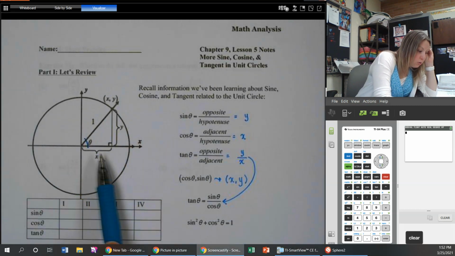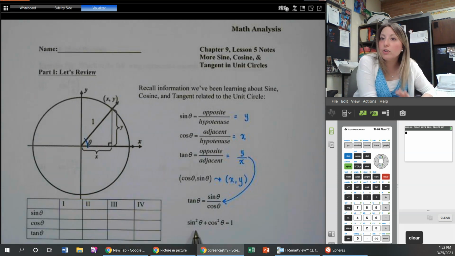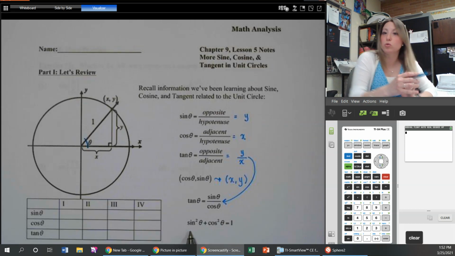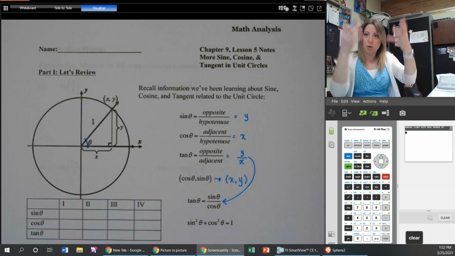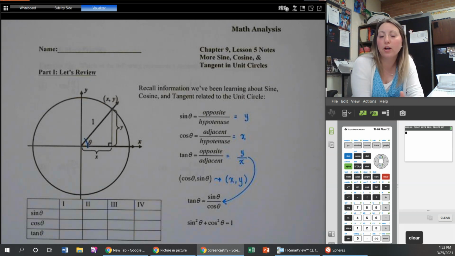Which we know, since x is cosine theta and y is sine theta, that in the Pythagorean theorem we technically have cosine squared theta plus sine squared theta. Those are the squares, by the way. It's the squaring of the function, not the angle measure itself. That's why we put the squared where it is.